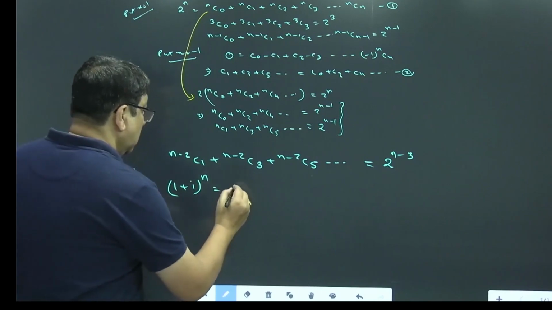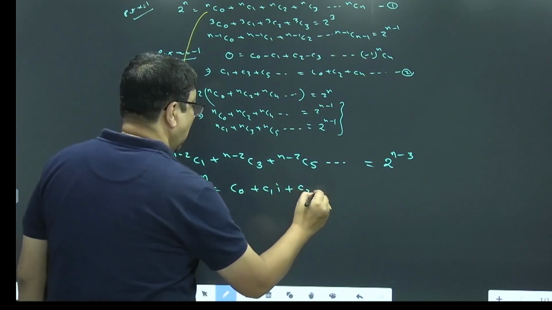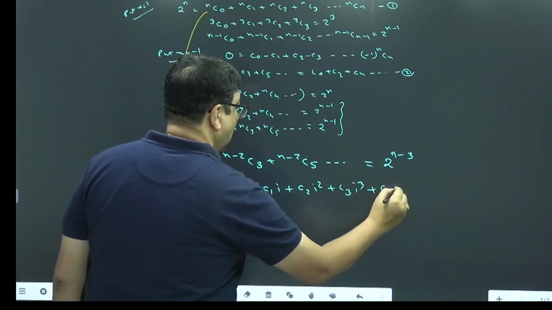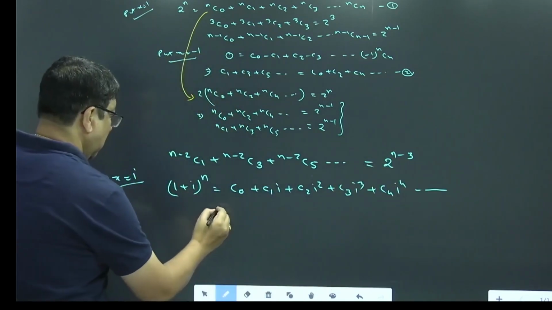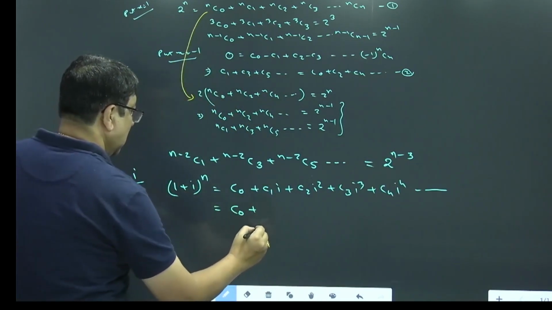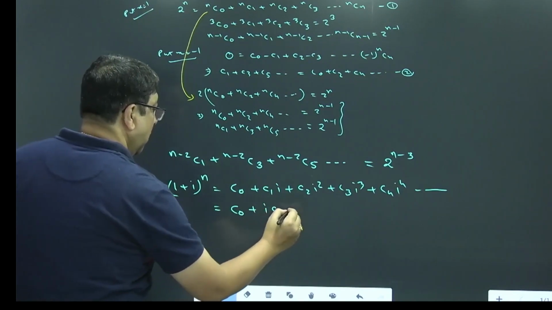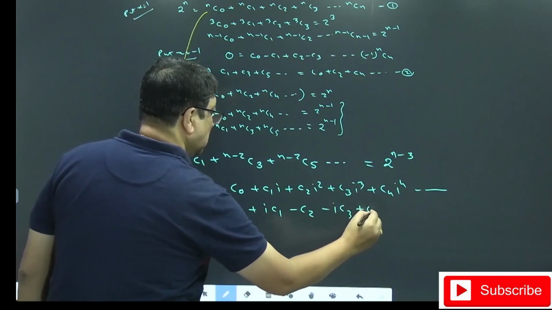So C0 + C1 i + C2 i^2 + C3 i^3 + C4 i^4 continuing. That is coming to be C0 + i C1 - C2 - i C3 + C4.